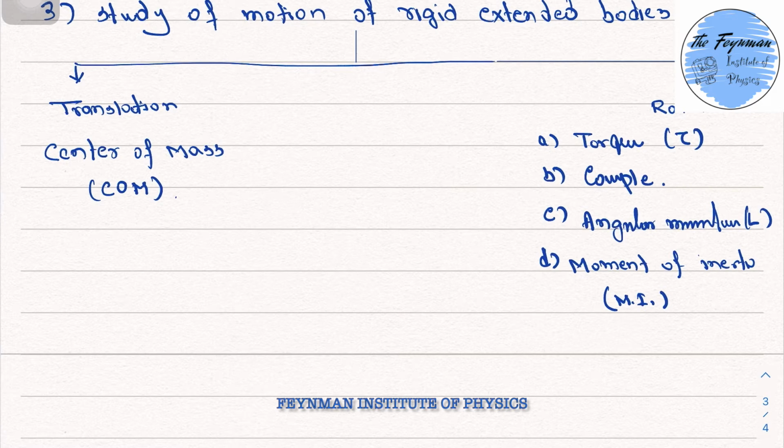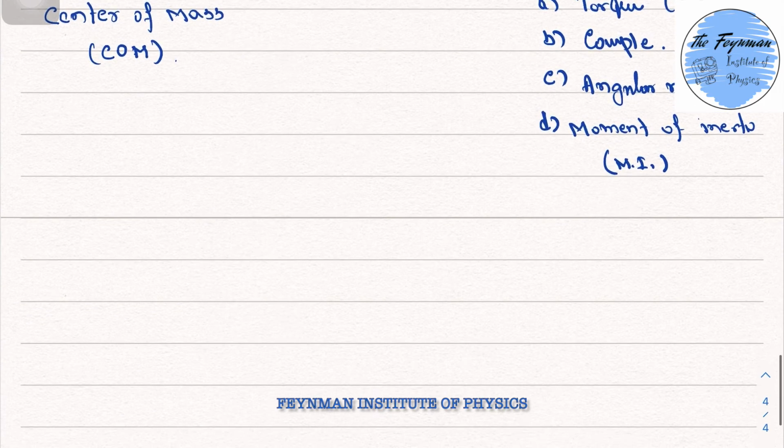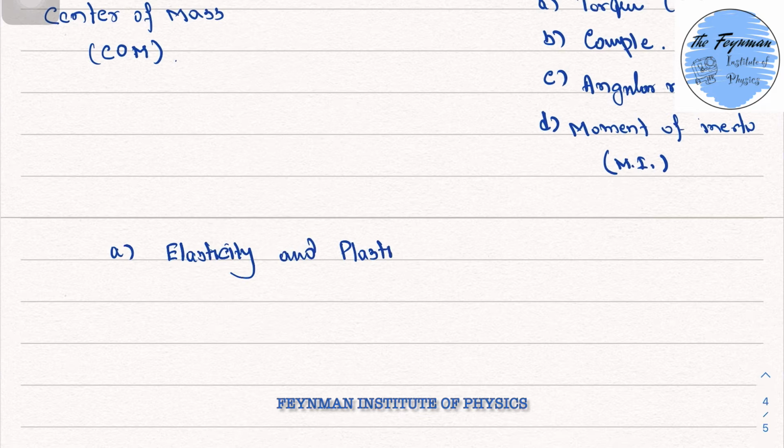Now we are all done with motion of a particle and extended bodies. So it is time to find out the response of a body on application of external force. That is, what happens when a force deforms a solid body. And we will see it in the context of elasticity and plasticity.